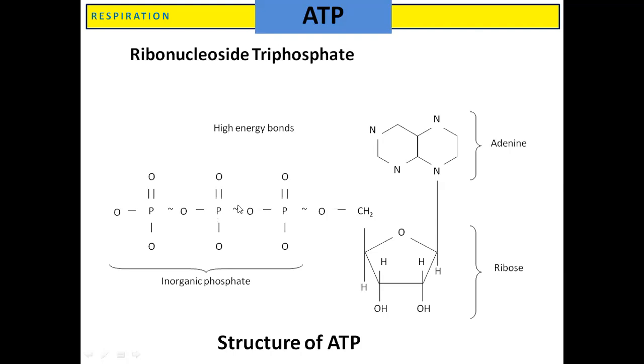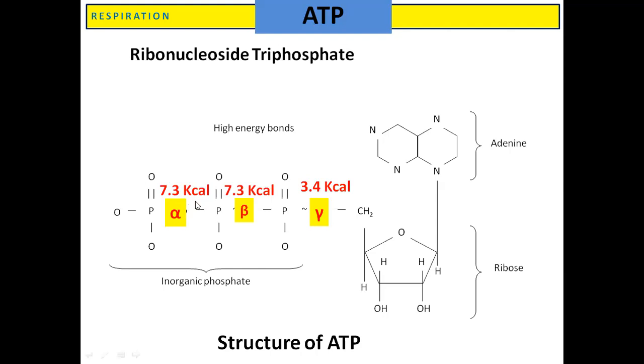These three different phosphates show the high energy phosphate bond. Here three different phosphate bonds are present. With the help of the gamma phosphate bond, phosphate is attached with the fifth carbon of ribose sugar. Alpha, beta, and gamma are the three different phosphate bonds.